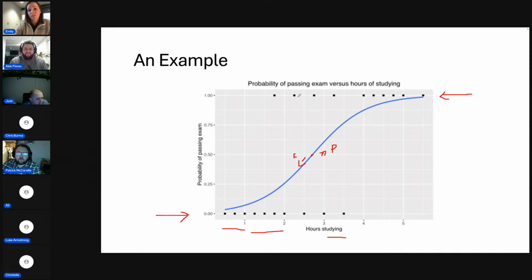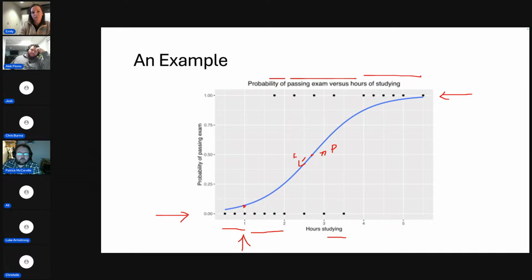A lot of these students studied quite a bit. Some of these students studied more than 4 hours. But this one particularly studied less than 2 hours, and these people studied somewhere between 2 and 4. So what we did is we fit a sigmoid function here, and this model will make predictions. We can ask it, if a student studies for 1 hour, what is the probability that they're going to pass the exam?